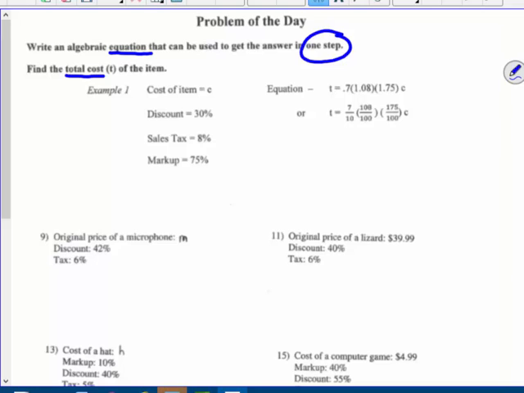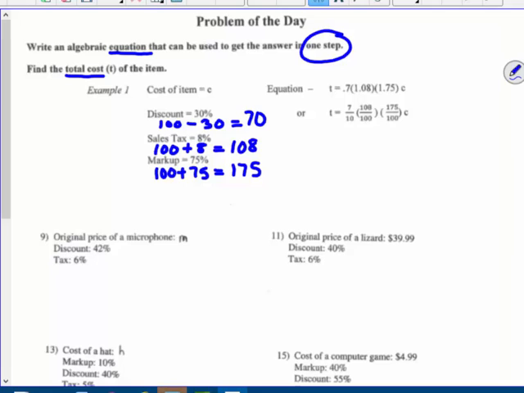And if it's a discount, you're subtracting the discount to get the 70%. You're adding the tax to the 100 to get the total tax. And you are adding the markup to 100 to get the cost that you're going to pay for that item that's being marked up by 75%.